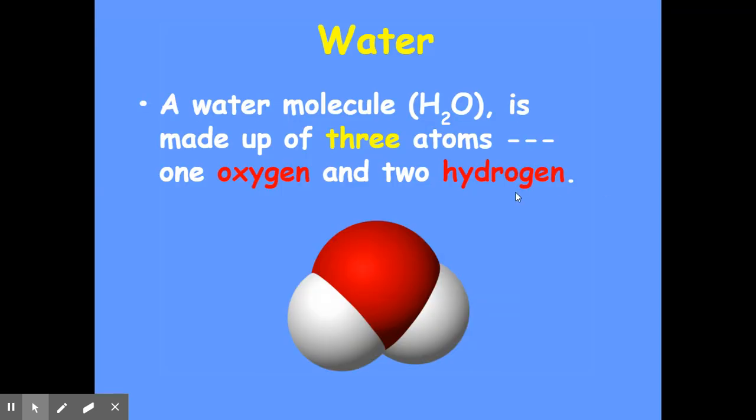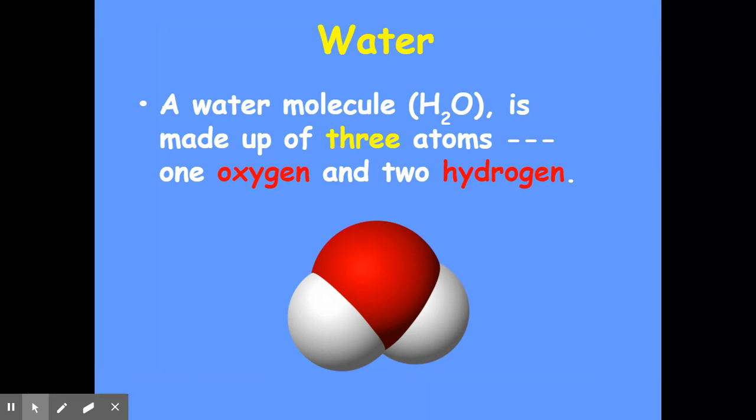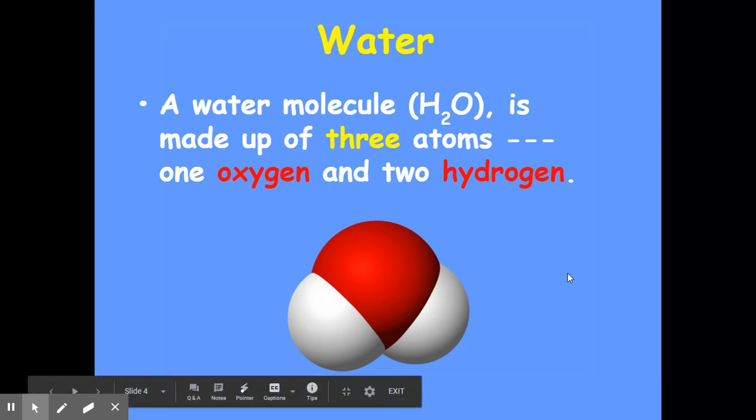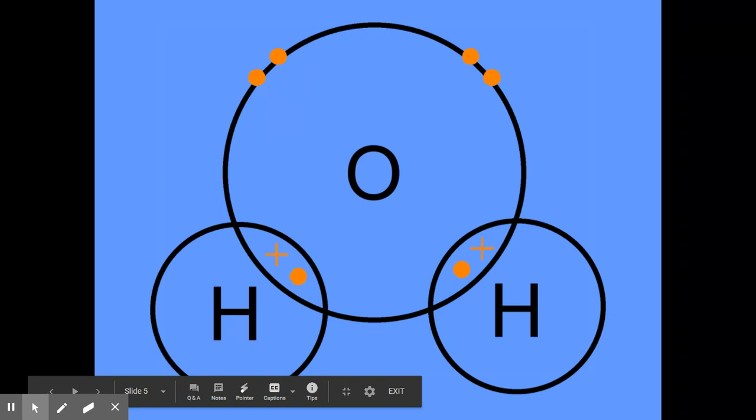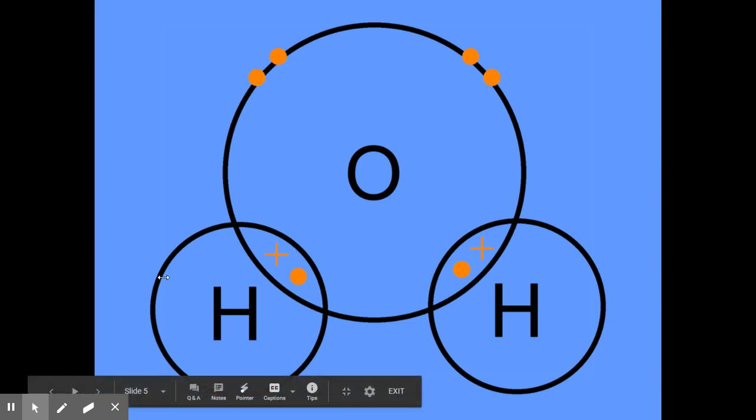So the water molecule, this is how we draw it. It actually is sort of in this upside down shape. If we use what's called the ball model, red is always oxygen and white is always hydrogen. And here's another way of describing it. Now here you can see that hydrogen with its one little electron is here represented.